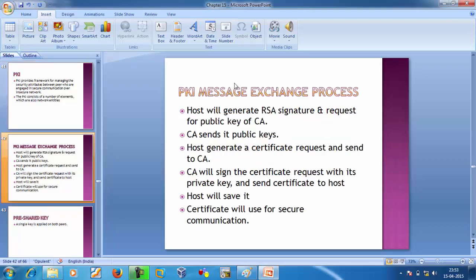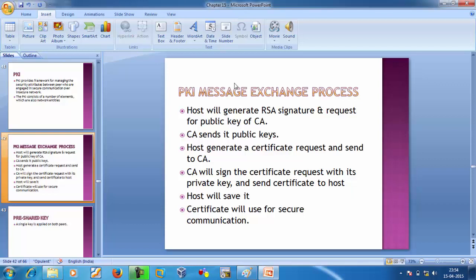If you want to know the PKI message format: the host will generate an RSA signature and request the public key from the CA. Then, second step, the CA will send its public key, the host will generate a certificate request and send it to the CA, which will sign it with its private key and send the certificate to the host, which will save it, and this certificate will be used for communication.